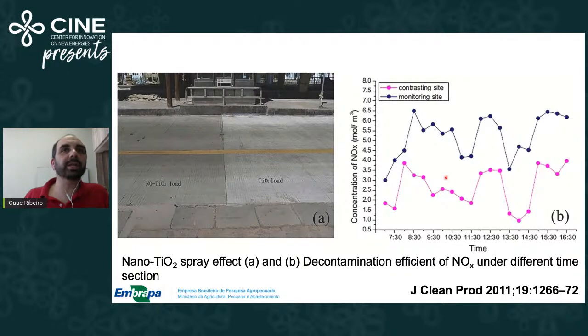One experiment like this one, published some years ago, proposed making a thin film of titanium oxide over concrete. The idea was to compare how the emission close to the surface treated with titanium oxide differed from a surface with no treatment.